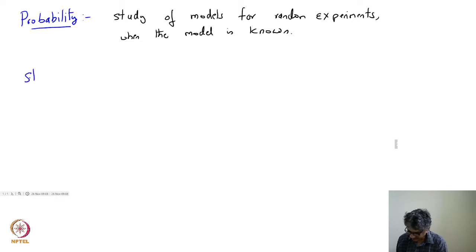Statistics, on the other hand, decides how to study the experiment when the model is not fully known.